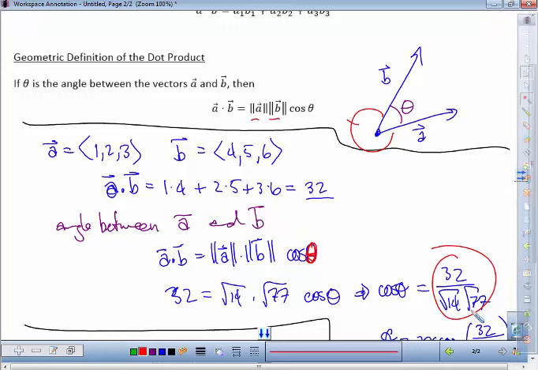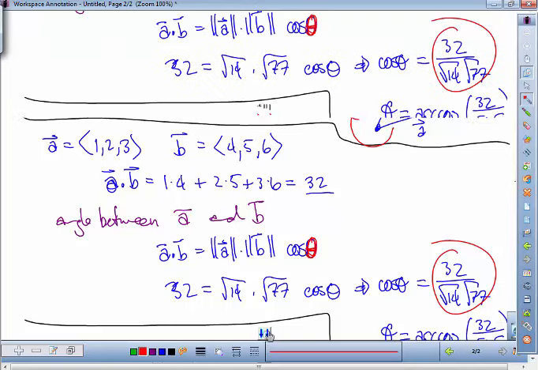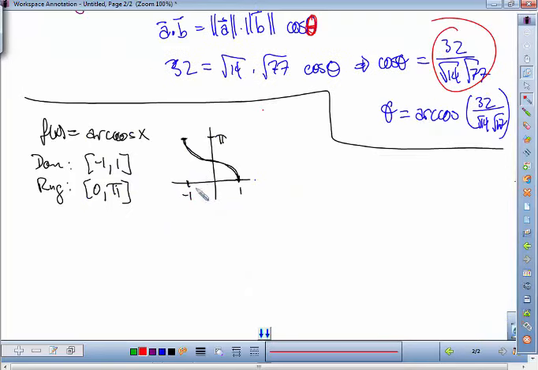So the dot product, I should have put a negative sign over here, but it's possible to have a negative number for the dot product. As long as your dot product divided by the two magnitudes is a number between -1 and 1, then you should be able to find the angle between them.